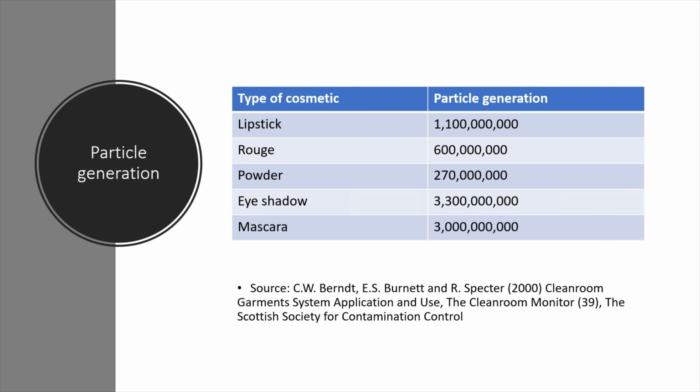So the eyeshadow and mascara are huge generators of particle contamination. So this is why there should be a strong discipline in place that people do not wear cosmetics into clean rooms, because you're creating a considerable particle risk and taking the garments and clothing outside of their design tolerance.